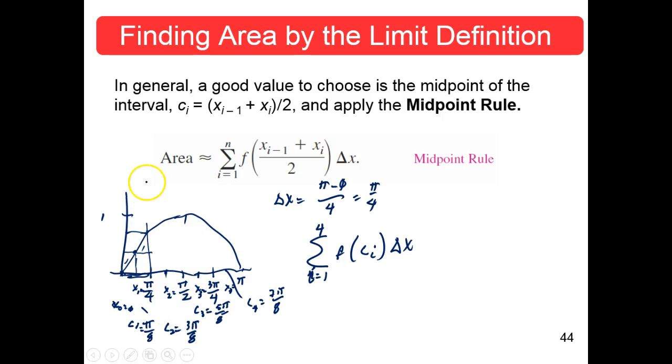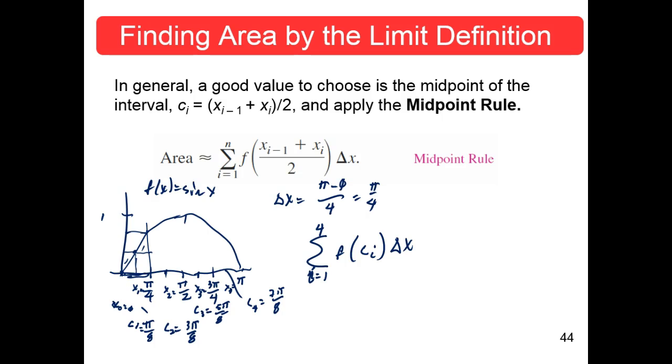Your function is sine of x. f of x is equal to sine x. They said that somewhere in the problem, but I didn't write it down. And we're going to do the center points here. So this will be sine of the first center point, pi eighths, plus sine of 3/8 pi.